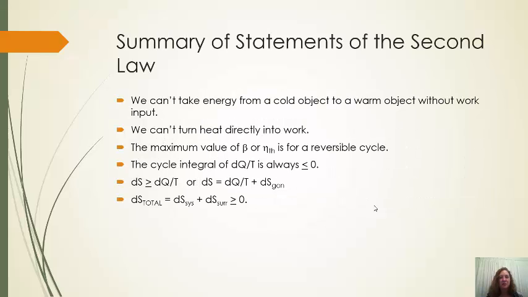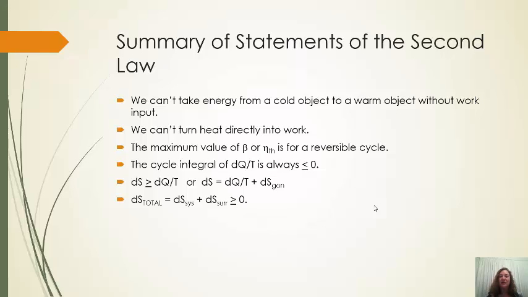So to summarize this portion of the lesson, let's review the various statements we have of the second law, because they all give us a different perspective on how thermodynamics impacts our understanding of the world. The first one, the Clausius statement: we can't take energy from a cold object to a warm object without work input.